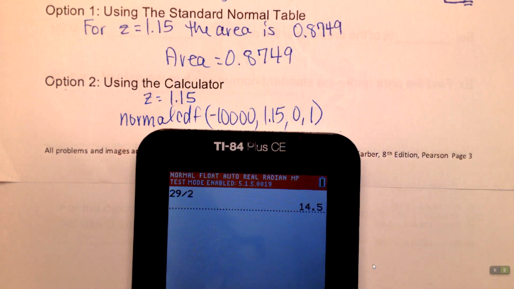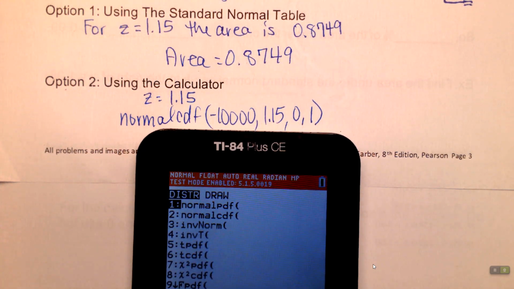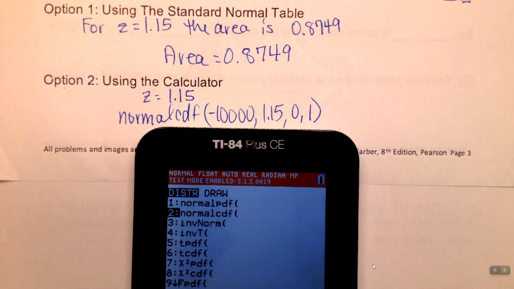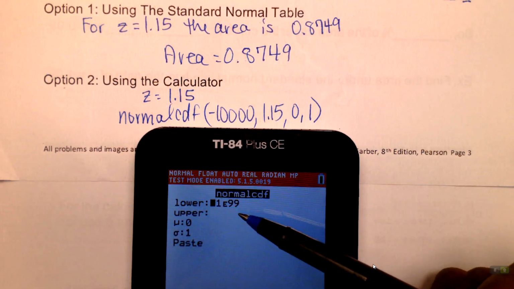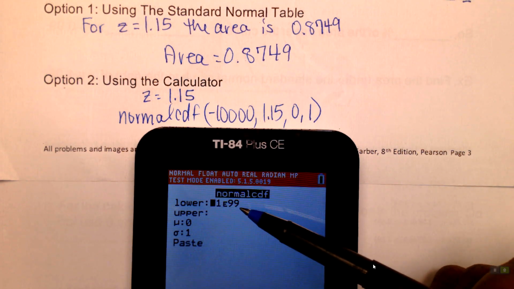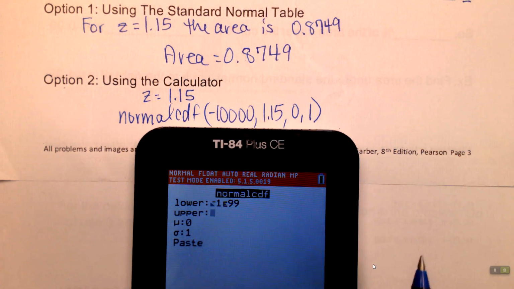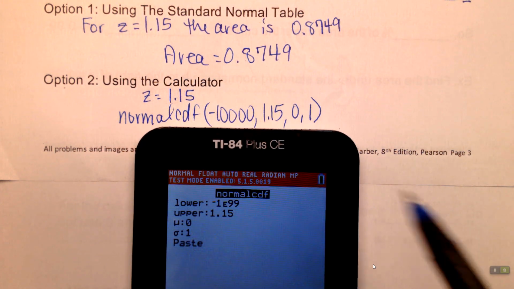We're doing second VARS. Number 2, normal CDF, is 2 on my calculator. I'm going to leave the negative 10,000 in there because I like it. 1.15 is my z.